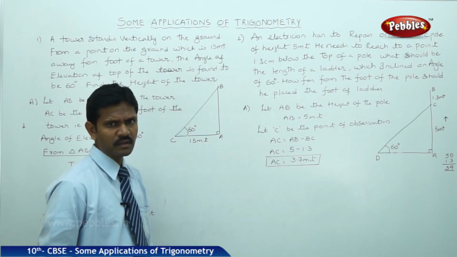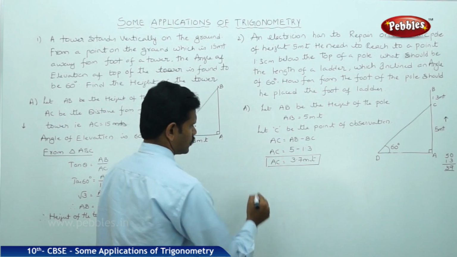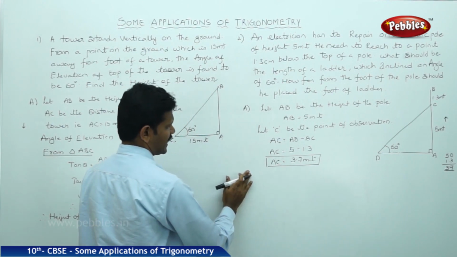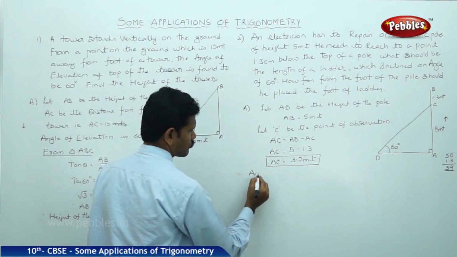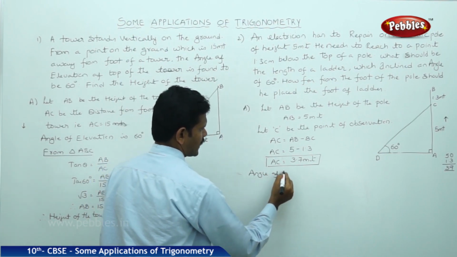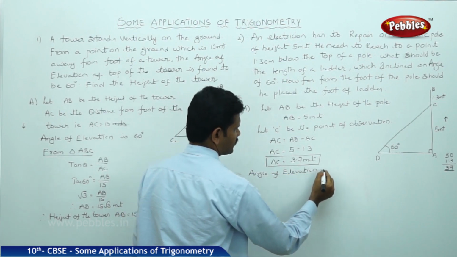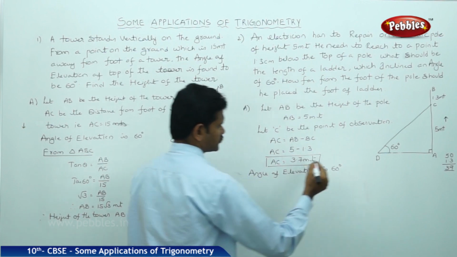That is 3.7 meters. Now let us consider the angle of elevation, which is 60 degrees.